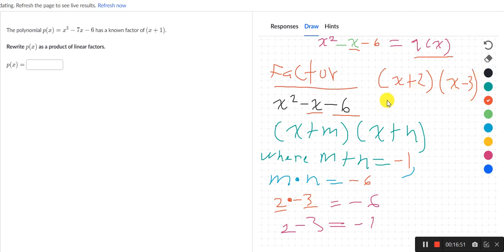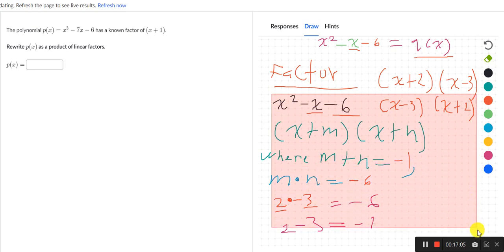Okay, and you can say x minus 3 times x plus 2. It doesn't matter. The order does not matter. So we already have the factors. Let me eliminate that. You can also pause the video if you didn't understand one of the steps I took.